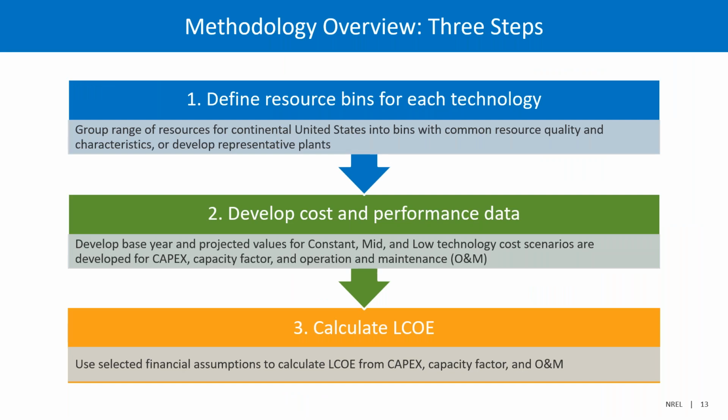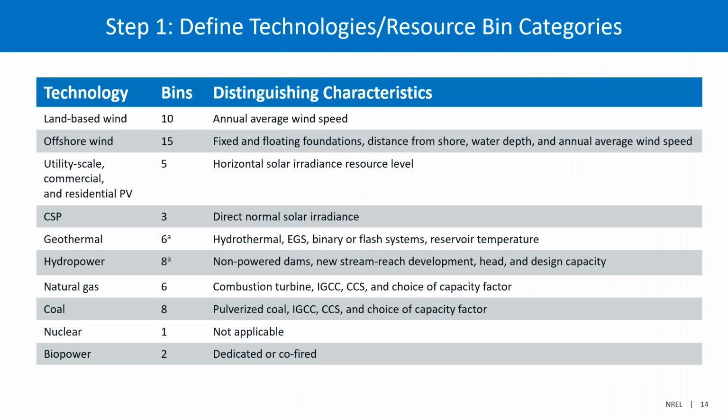The methodology to develop these estimates includes 3 steps that are shown here, and I'll walk through each of these in turn, from defining the resource bins, developing the cost and performance data, and then calculating the LCOE.